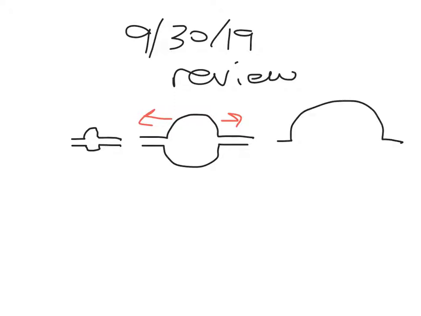Pretty soon you get a really big replication bubble. And eventually that bubble will fuse with replication bubbles on one or both sides of it as chromosomes complete their replication. You want more clarification on that? Okay. Maybe we'll get to more replication questions as we proceed too.